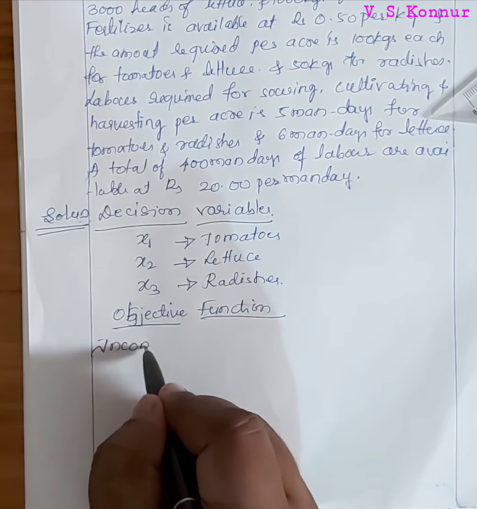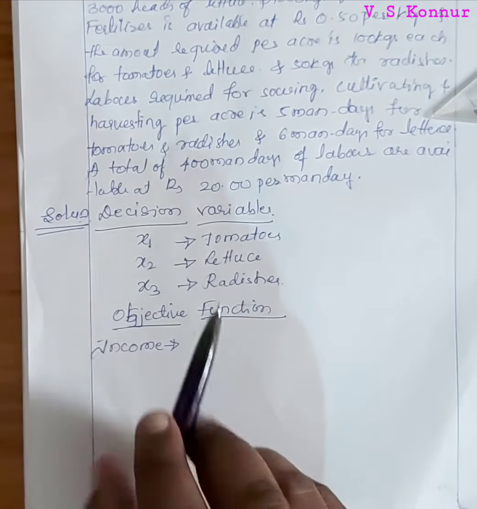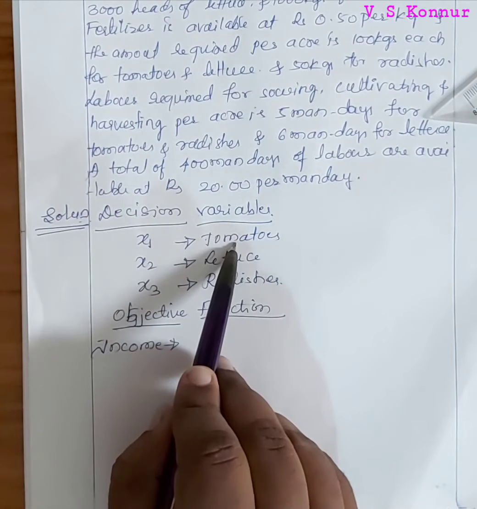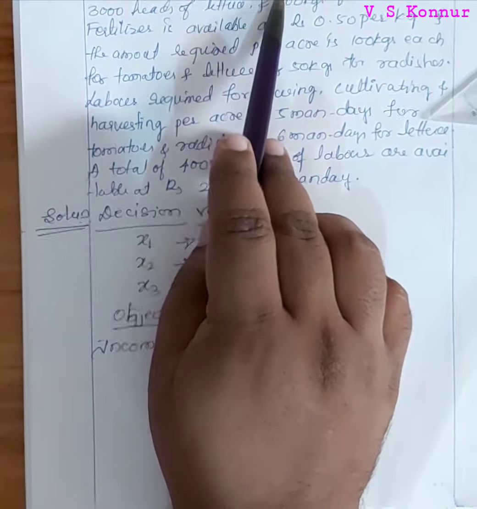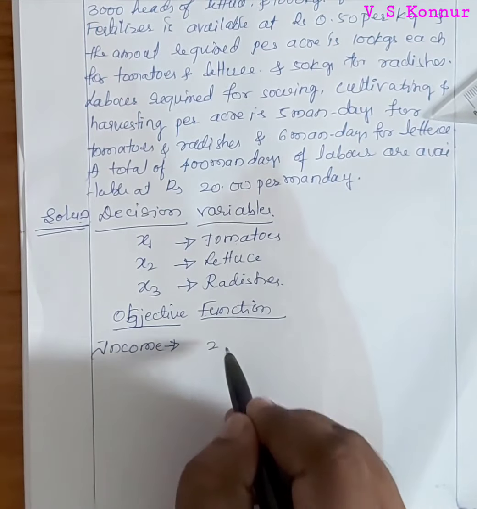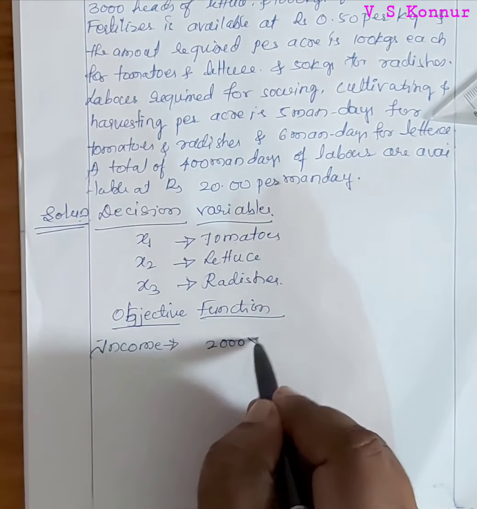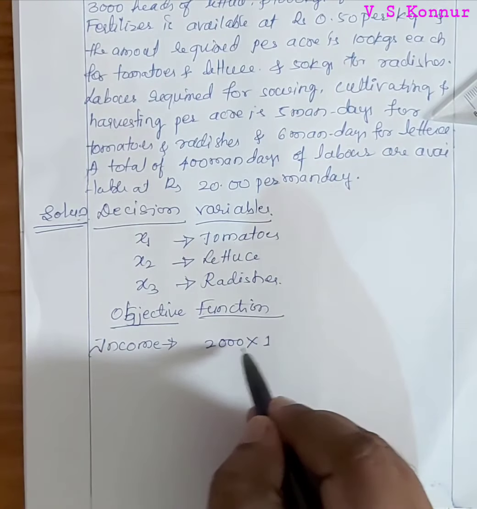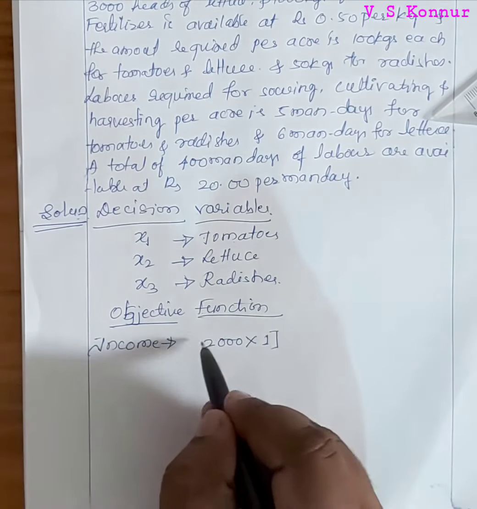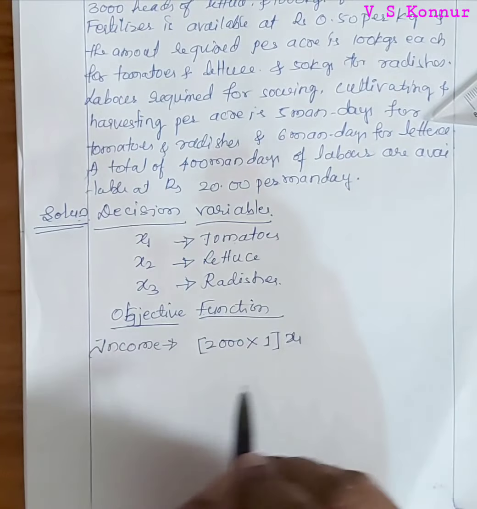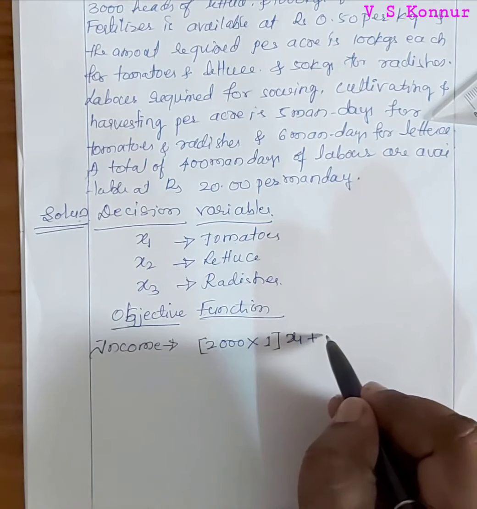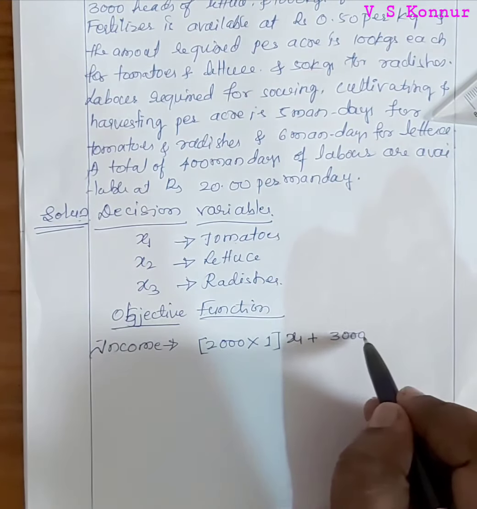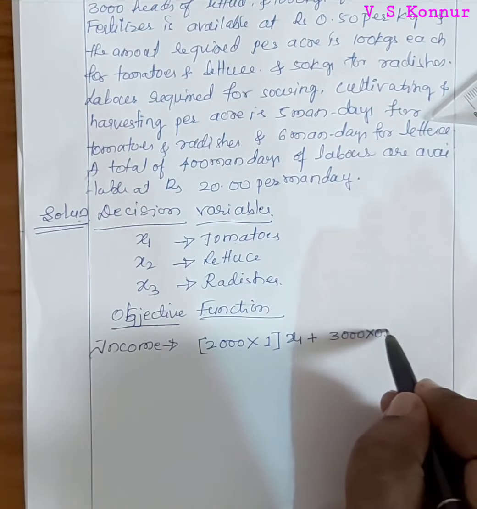Income is already explained. For income, he will produce 2000 kgs of tomatoes. Each kg carries 1 rupee. So this is x1. Plus he will produce 3000 heads of lettuce, each head 0.75.